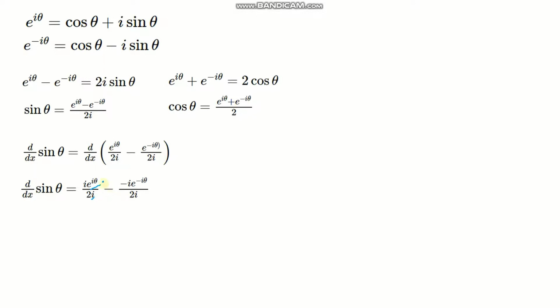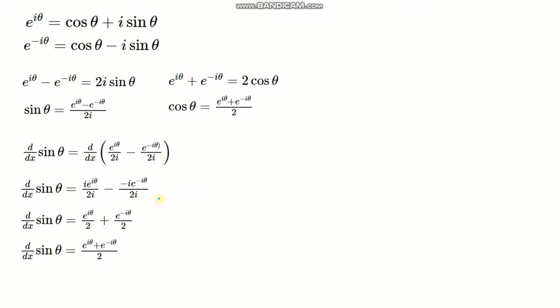So the first term is i times e to the i theta over 2i, and the derivative of e to the negative i theta over 2i is e to negative i theta multiplied by the derivative of negative i theta, which is -i, and the denominator is still constant, so we have negative i times e to negative i theta over 2i.